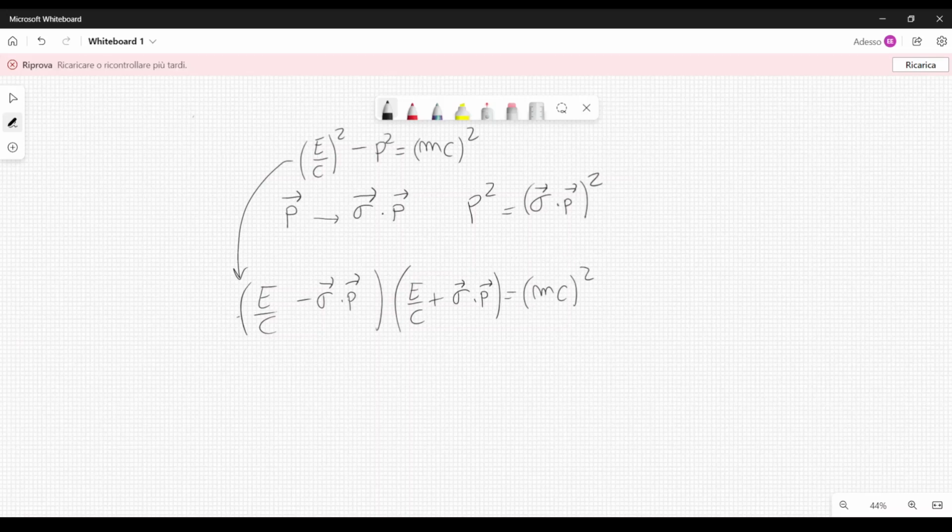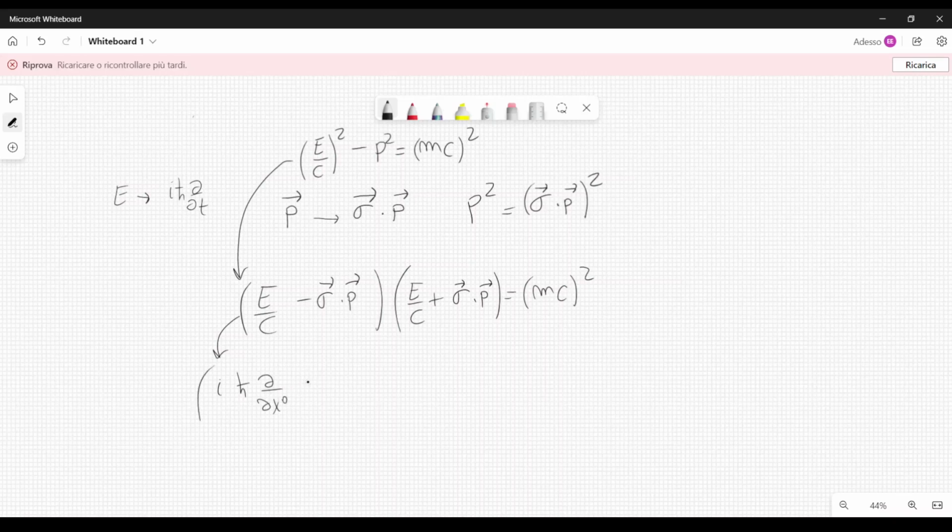And now we are going to substitute operators. For the energy operator, we know what to do. We have iħ ∂/∂x0, if we also put c into the time derivative, because the energy operator is iħ ∂/∂t. And if we put c and t together, we can rewrite this as iħ ∂/∂x0.